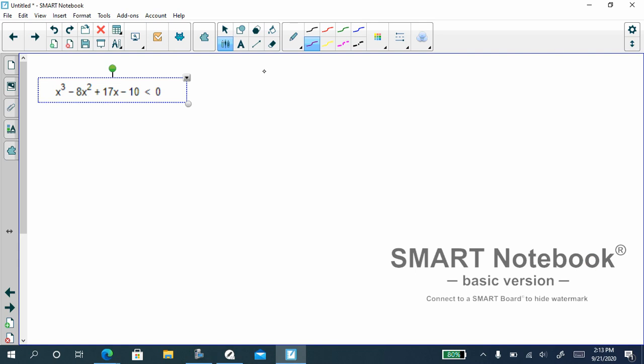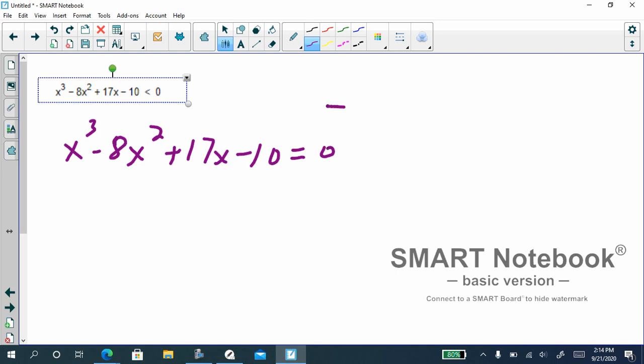Now this one is a little trickier because this one doesn't factor directly. This has 4 terms without a common factor, and factor by grouping doesn't work. So we're going to have to factor this to find the numbers that go into our number line using synthetic division. So this is a good review.